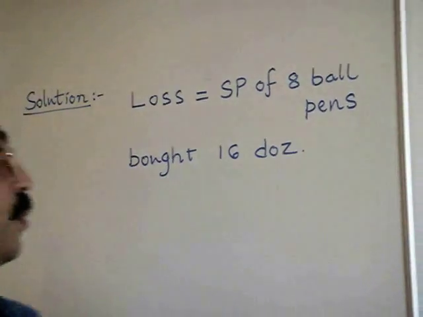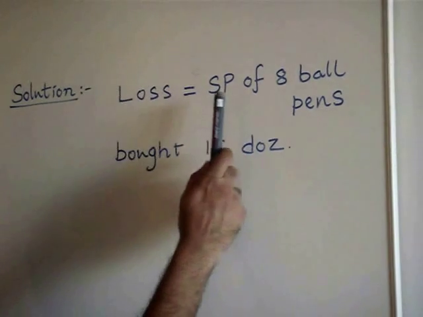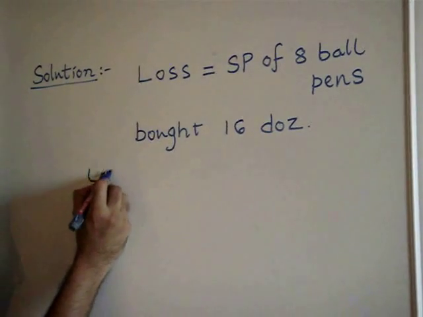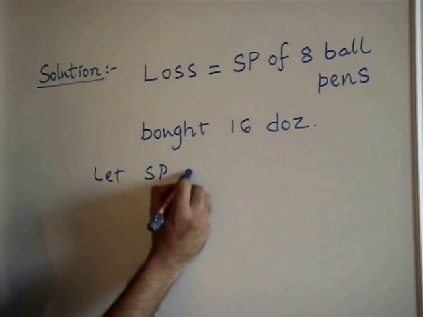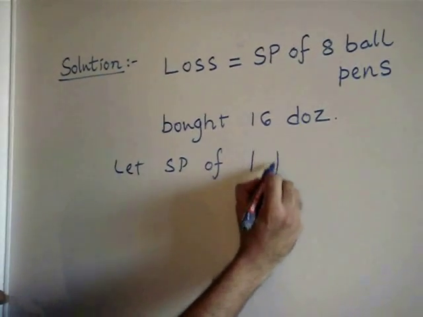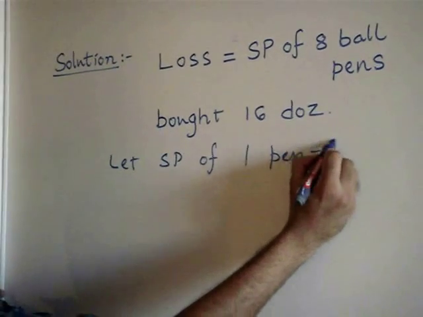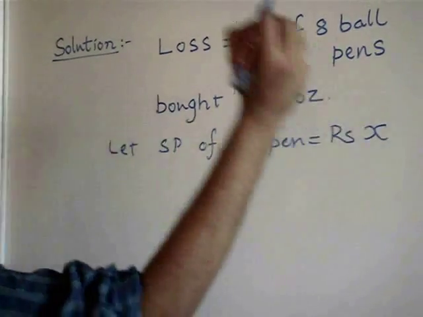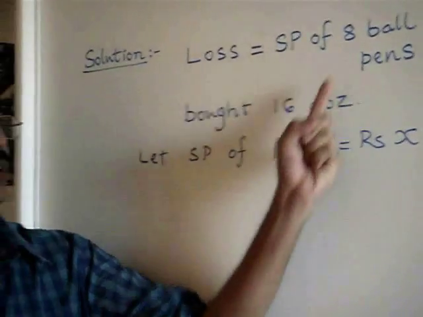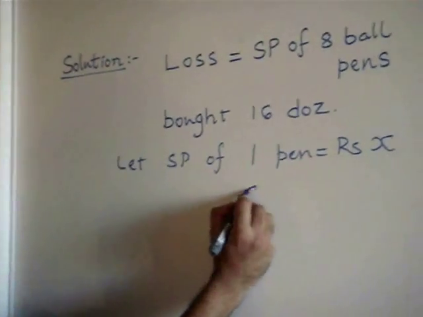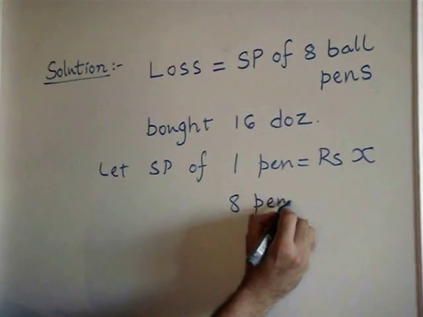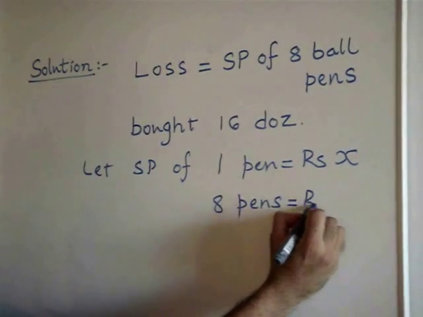Okay, so the problem says loss is equal to SP. So let SP of 1 pen be rupees x. Then we find out what is the SP of 8 pens. So SP of 8 pens is equal to rupees 8x.